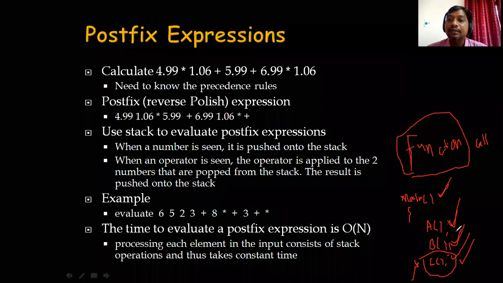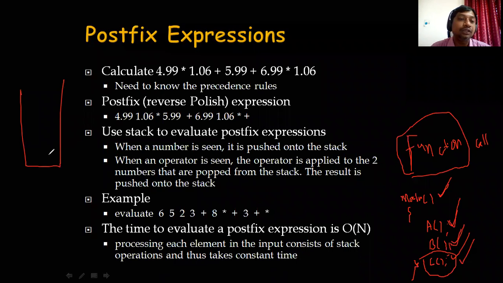But here there is no interleaving; they are not nested calls. They are independent calls. If they are independent calls, they will be traced like this by using a stack. Whenever you call the main function, the things related to the main function call will be inserted first onto the stack.